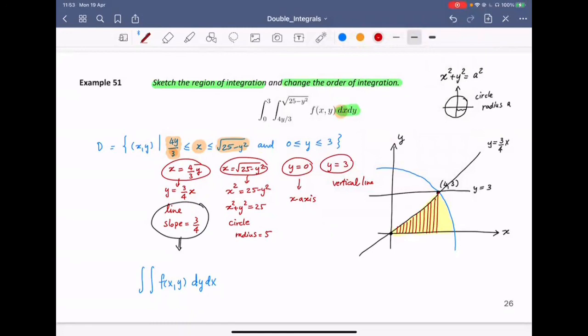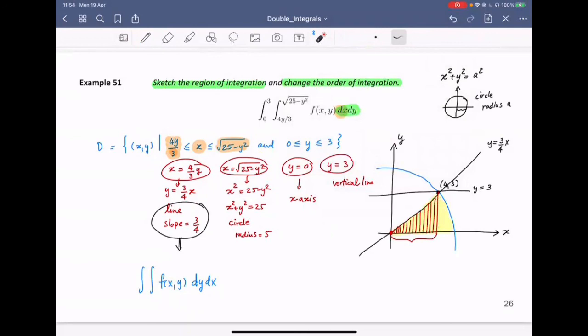On the first piece, I start from the x-axis and draw a vertical line, and it's going to hit the line on the top.